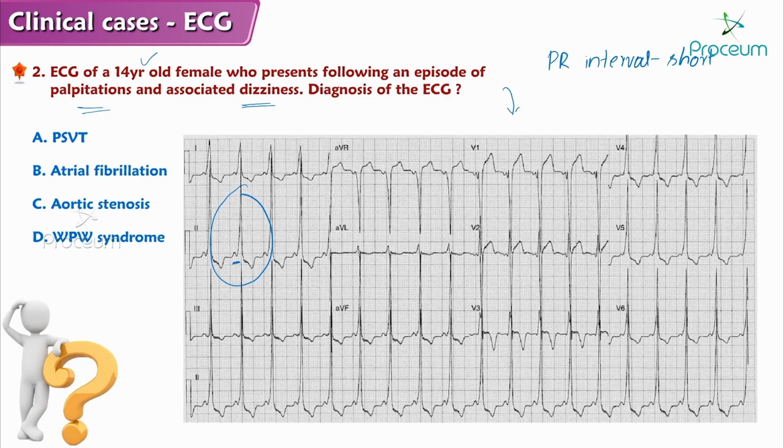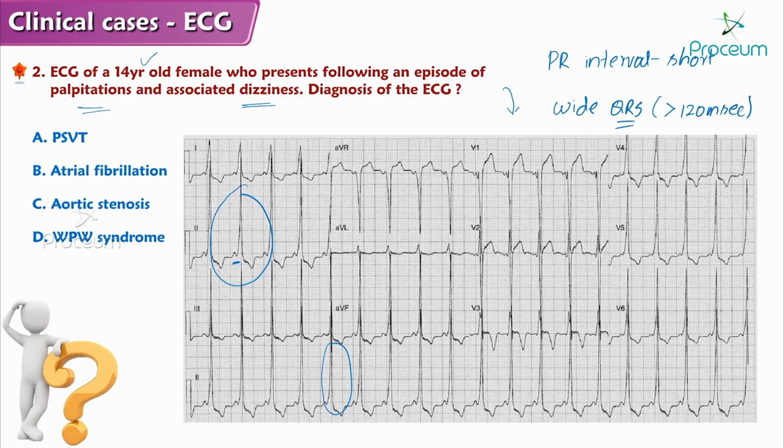And apart from that, you take the QRS complex in this individual. It is not a normal QRS complex. You have the presence of a wide QRS complex. When do you call it a wide QRS complex? When the duration of the QRS complex is more than 120 milliseconds.